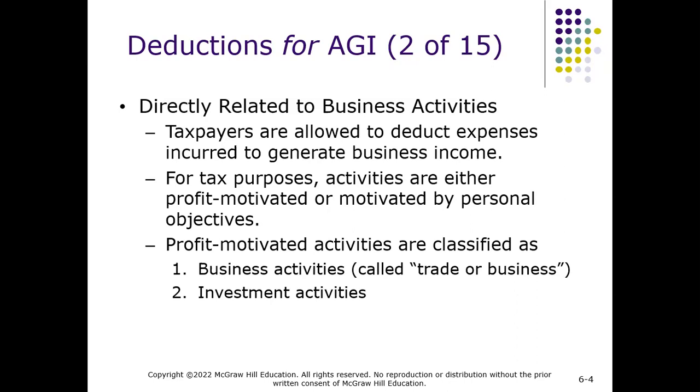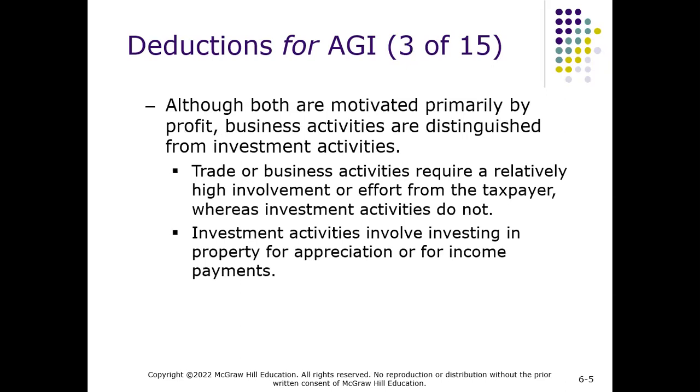For tax purposes, activities are either profit motivated or motivated by personal objective. So business activities would be our trade or business. Our rental activities would be considered our investment activities. Now in Chapter 14, we talk about rental activities.